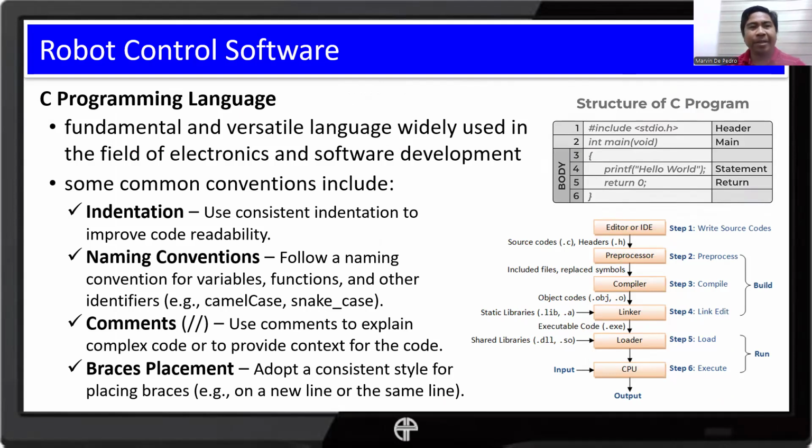I mentioned earlier that we are going to feature Arduino and Raspberry Pi in this module, okay? And the software part of Arduino is using either C or C++, right?